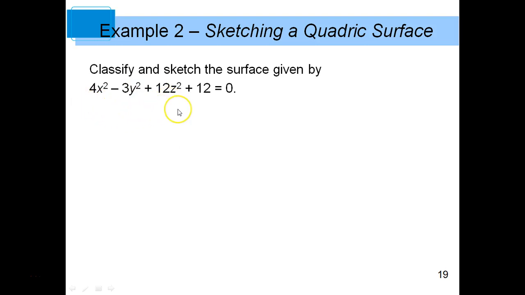All of my variables are squared. I am not dealing with a paraboloid, right? So because everybody's squared. I have one that has a subtraction, two are positive. Now that can certainly change as you go through the process, but I'm probably not dealing with an ellipse because of that negation, and I'm going to have to do some division and some moving things around.